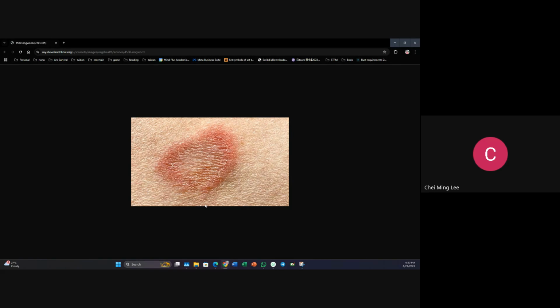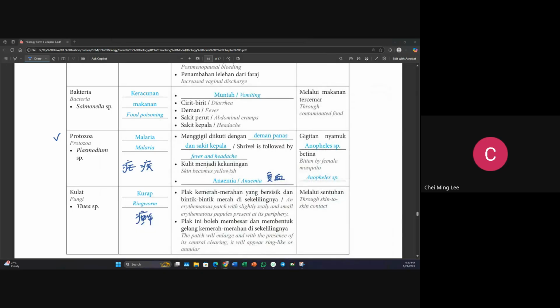Dots at the side, can you see? And your skin becomes scaly. Your skin looks very rough. If you just scratch it, then you will have lots of scars on your hand. That one normally is ringworm. Normally it happens on your hand, sometimes on the side of your head.